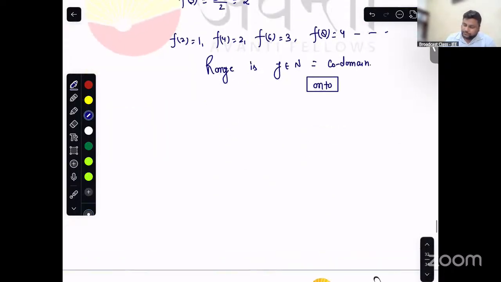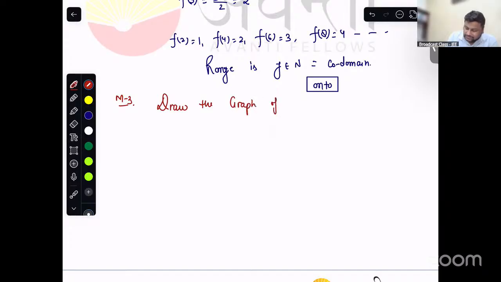Now, let's go with method 3. Draw the graph of the function. Say you have drawn the graph.